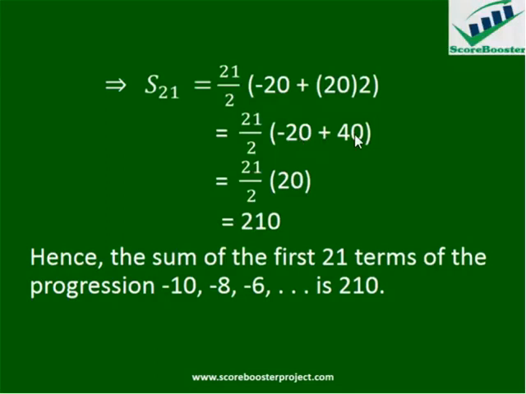Minus 20 plus 40 will give 20. That is how we have 21 over 2 multiplied by 20. So we divide 2 here by 2 to get 1, and 20 here to get 10. 21 multiplied by 10 will give 210. Hence, the sum of the first 21 terms of the progression minus 10, minus 8, minus 6, which we discovered is an arithmetic progression, is 210.